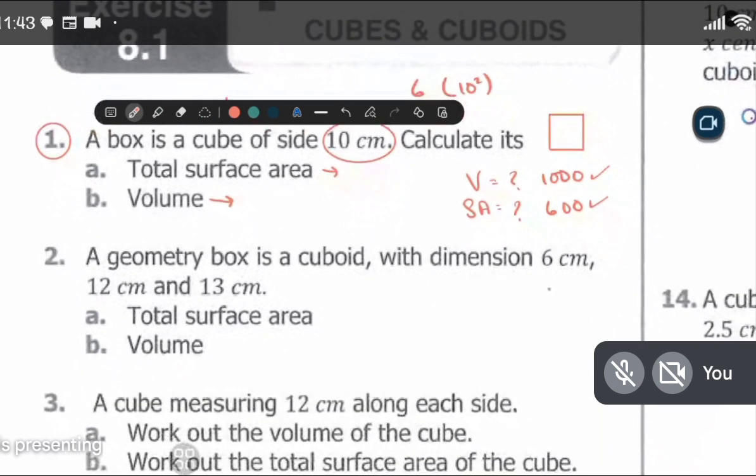Okay, now you have a cuboid with three different dimensions. First, follow the volume question.